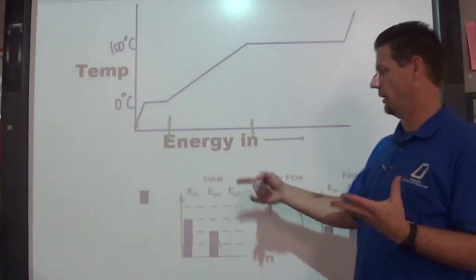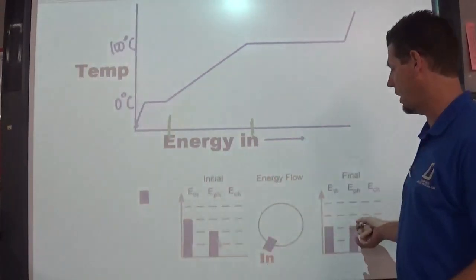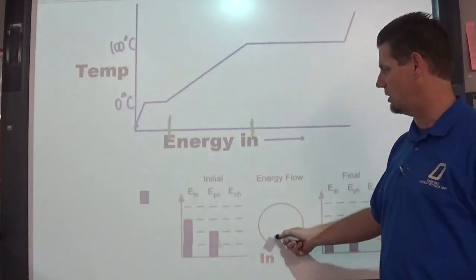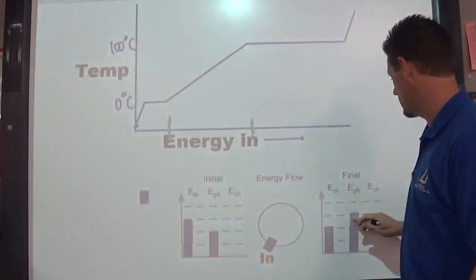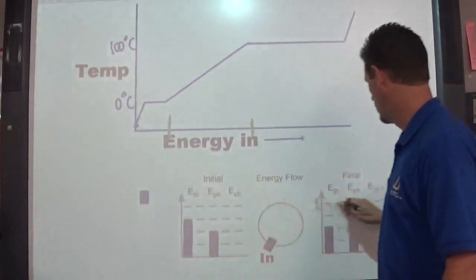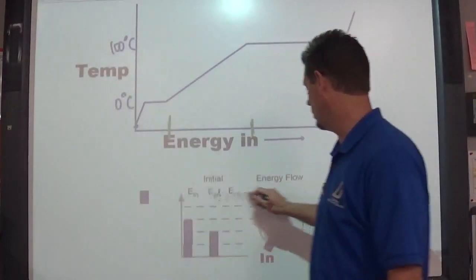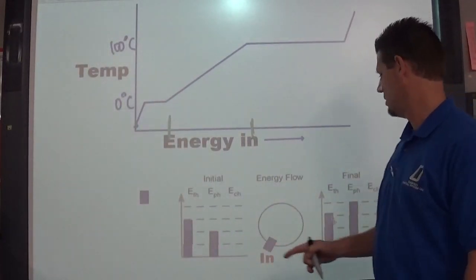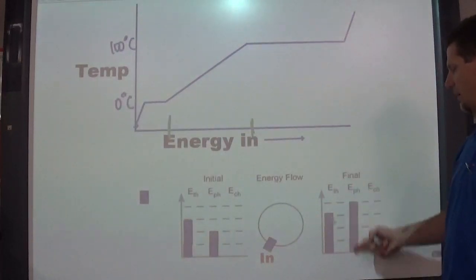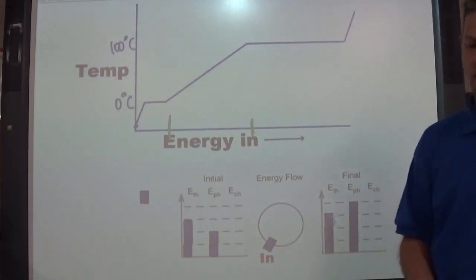So that would be what it looks like as warm water. And as we cause it to boil, all of this energy that keeps going in is going to cause the phase to change. The temperature won't be changing once it's at 100 degrees. So our thermal energy stays the same, and now the phase energy is changing.